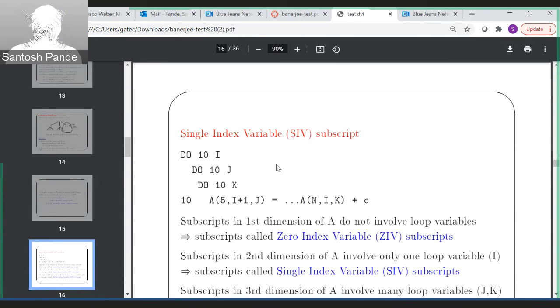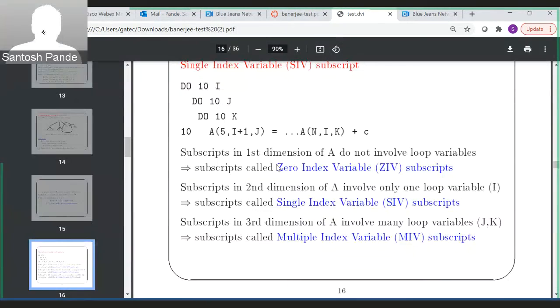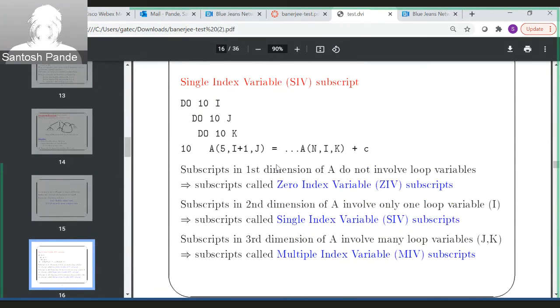Integer programming is the nature of this problem, and that's how we'll try to solve it, by breaking it down on a dimension by dimension basis, and we'll try to see if the dependence exists in each dimension or not. For example, let's take this simple example here.